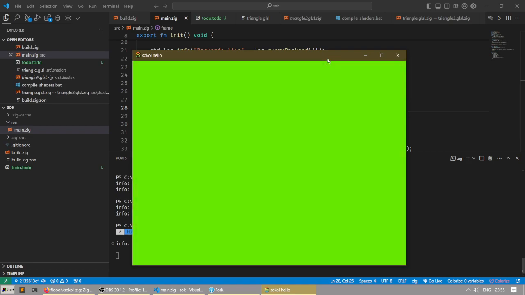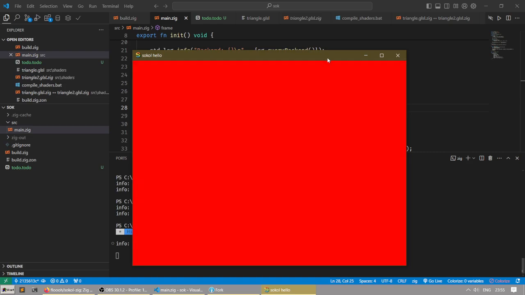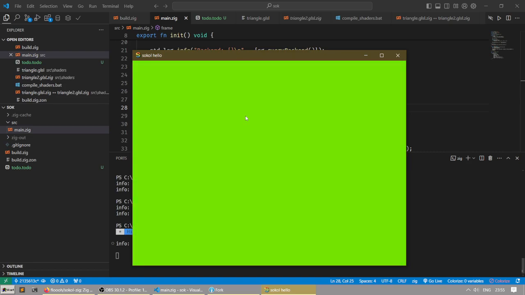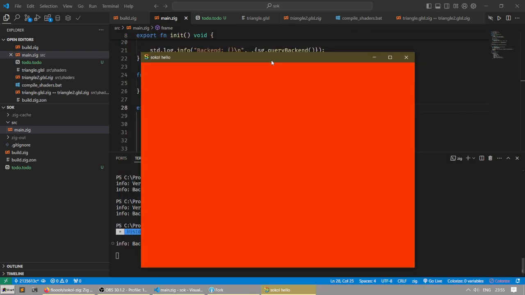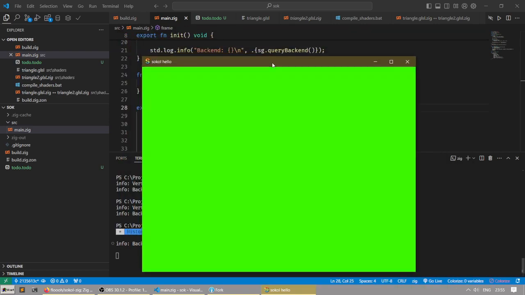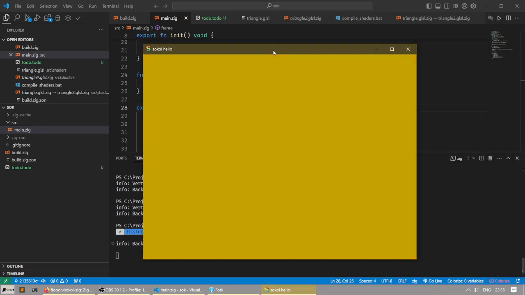But the problem is that this doesn't work yet on Windows, so that is why I'm using the old compiler, which is slow. Well, not slow, but comparatively slow.